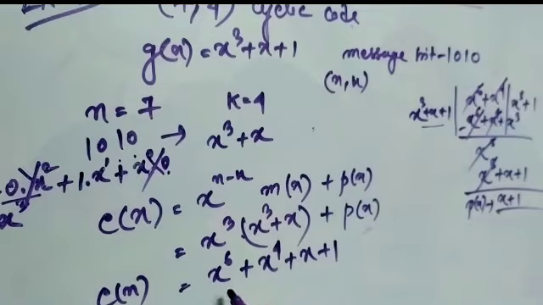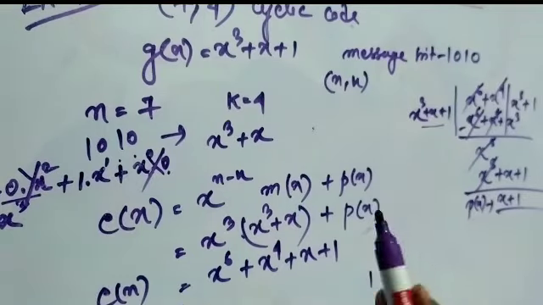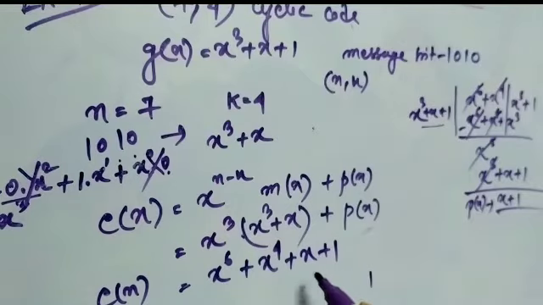So x to the power 6, here the first term will be 1, therefore it is 1. Then the next polynomial is x to the power 1 into some 0 or 1. As it is x, therefore it is also 1.